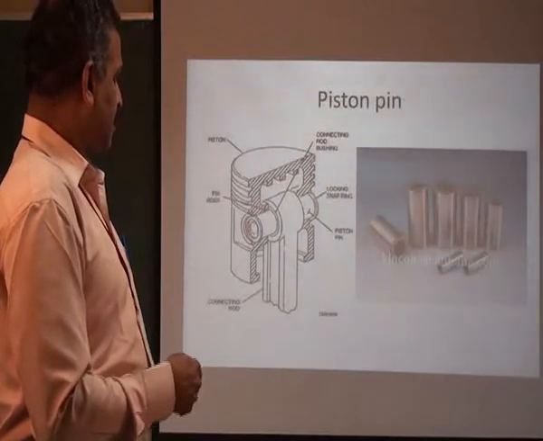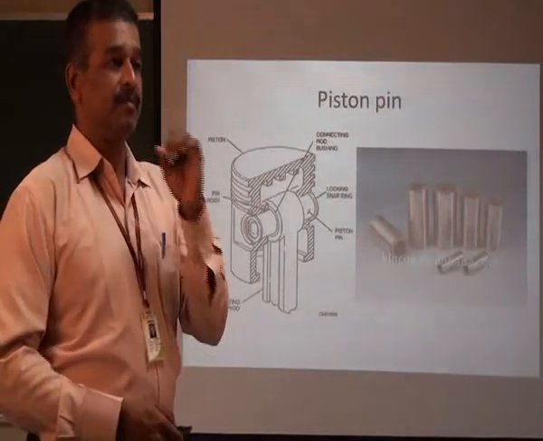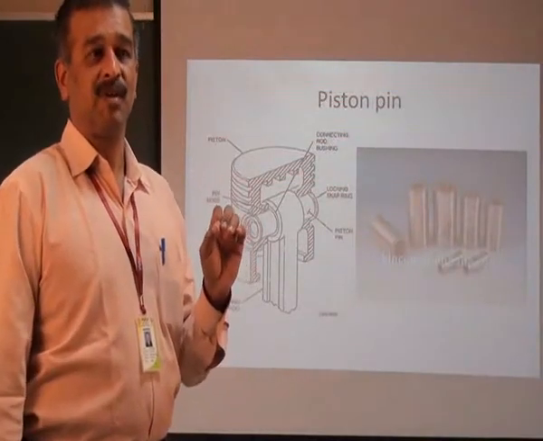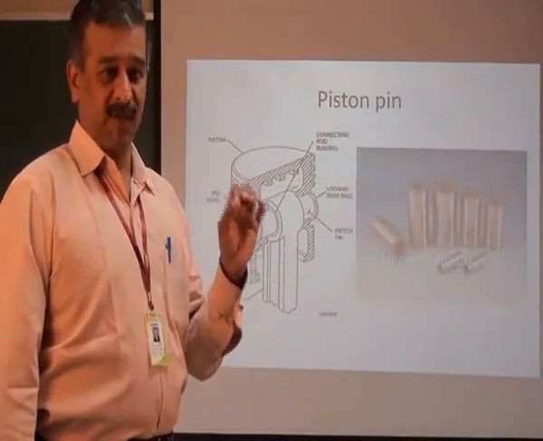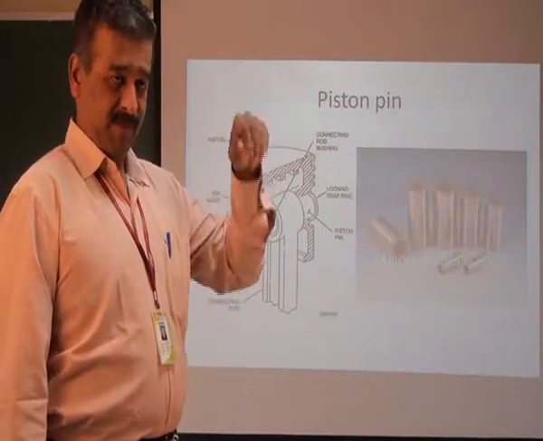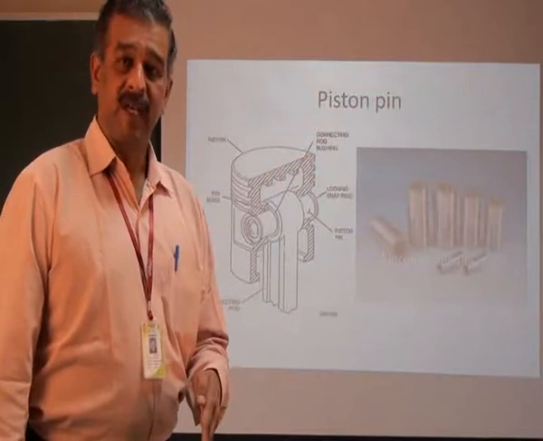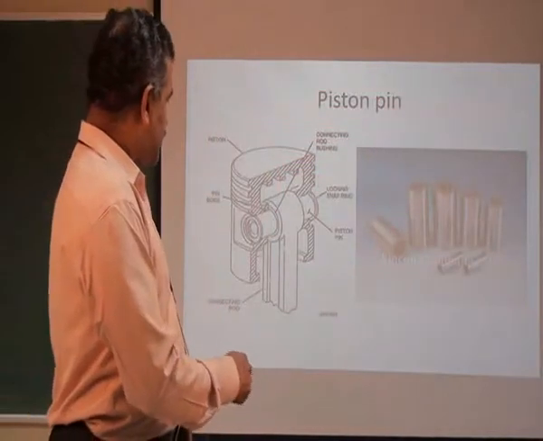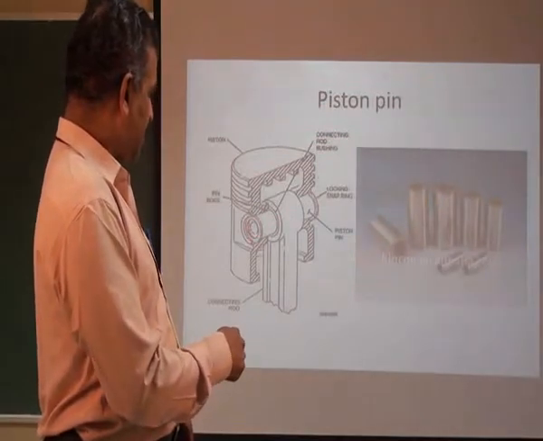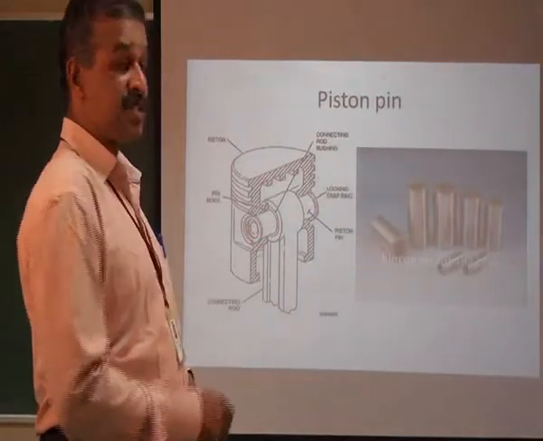And the piston pin. Equally, the piston pin is also exerting more power when you are transmitting the power from the cylinder to the crankshaft. You can see here, this is the small end of the connecting rod. It is being connected to the piston.